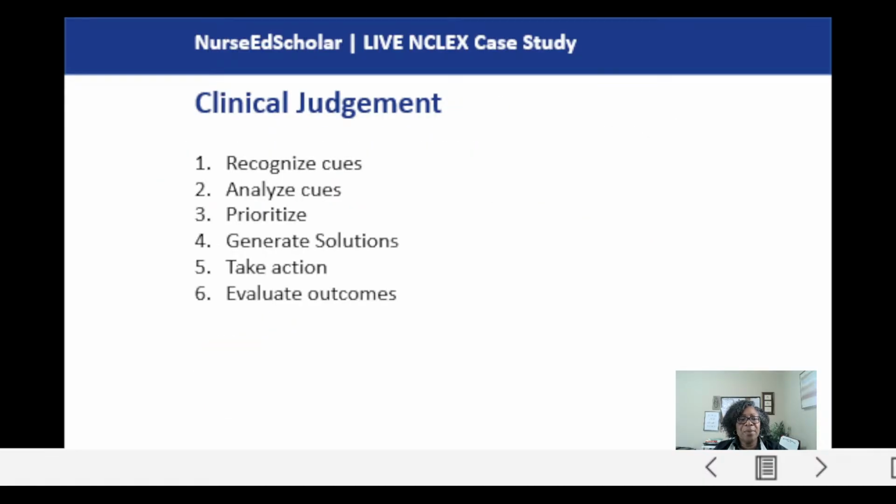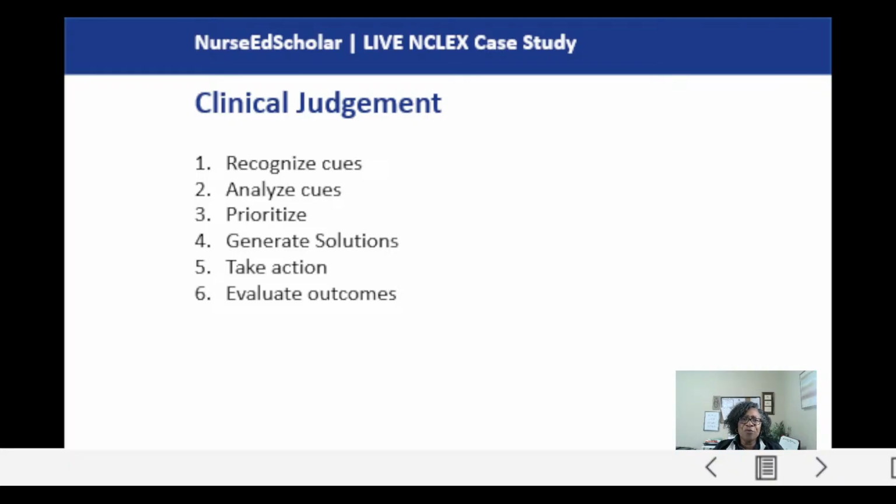Before we jump into the case, let's ground ourselves in how the NCLEX is actually testing you. Most Next Gen questions or cases are built around six steps, and that's the clinical judgment model.